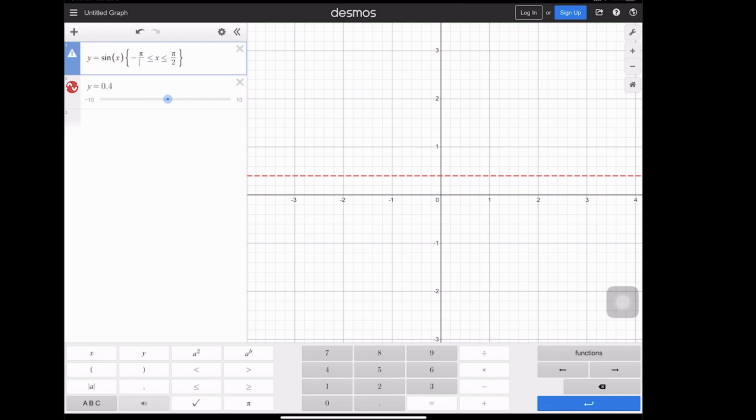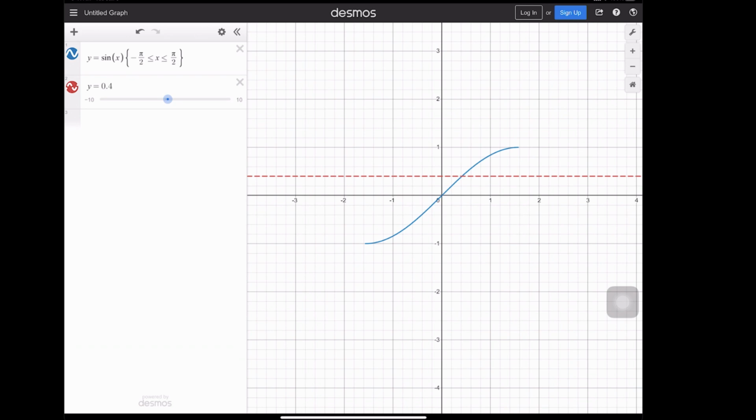Divided by 2. Okay, and now what do you guys see? Finally, it's 1-to-1, okay? So I want to make sure you understand something: we really have to heavily restrict the domain so that this sine curve is 1-to-1 and has an inverse.